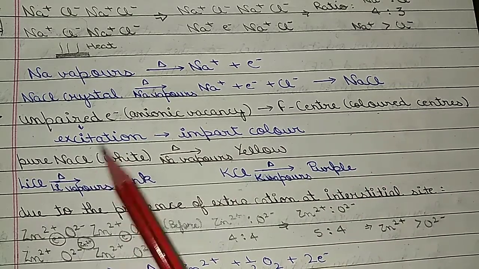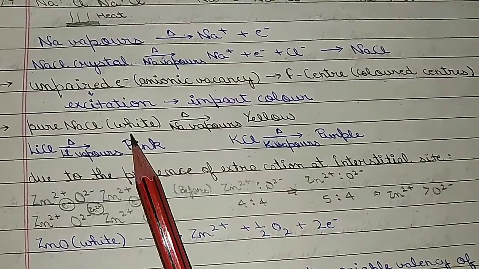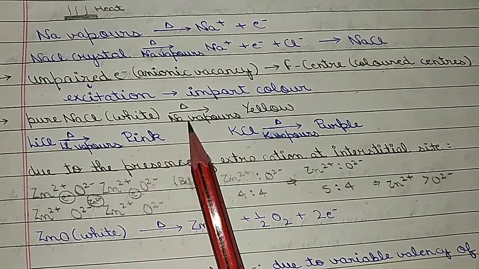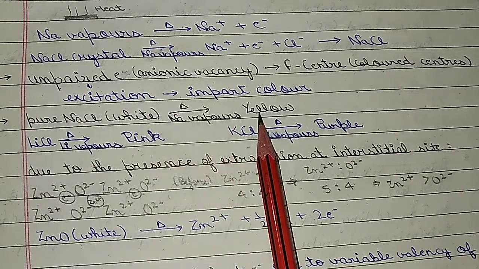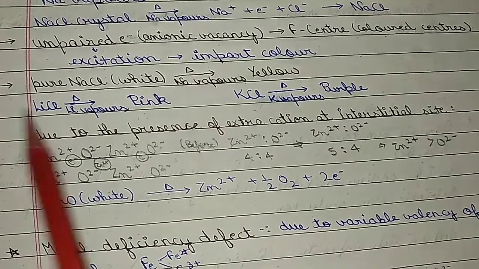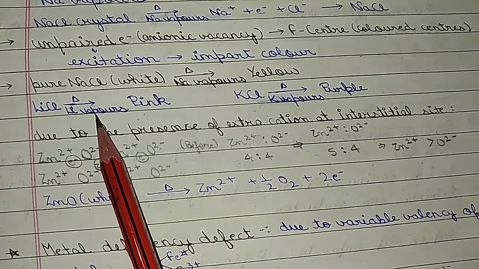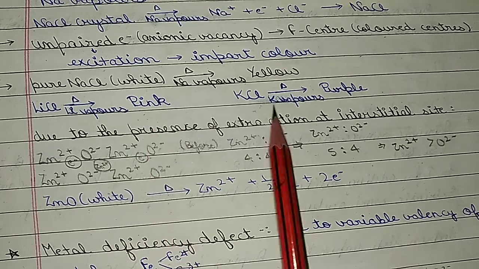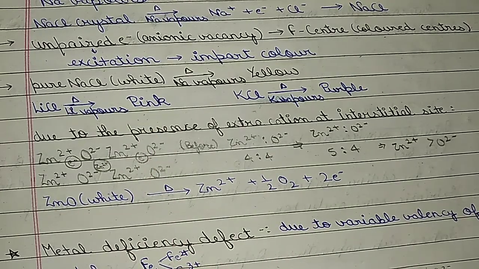When these electrons are excited, they impart color. That's why when pure NaCl, which is white in color, is heated in the presence of vapors of sodium, it converts into yellow color. In the same way, when lithium chloride is heated in the presence of Li vapors, it converts into pink color. And when potassium chloride is heated in the presence of vapors of potassium, it converts into purple color.